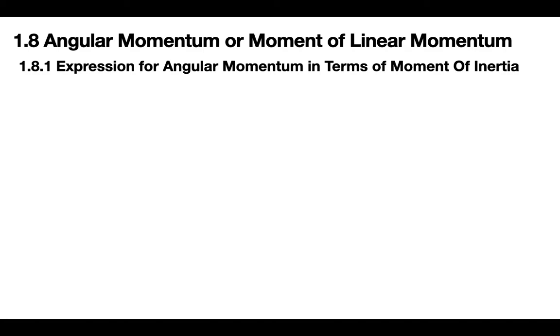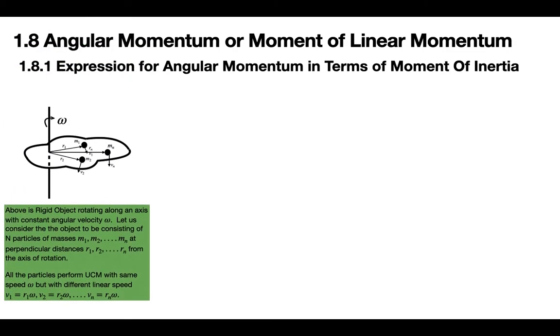Now let's look at what angular momentum is, and how it is analogous to linear momentum. So angular momentum, or moment of linear momentum. Once you have linear momentum, then its moment also we can treat as angular momentum.